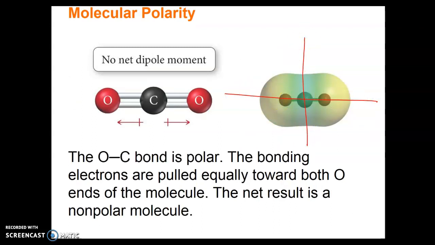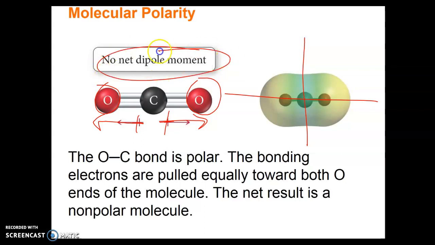If I draw my X and Y, they're all symmetrical. But on top of that, if I'm really trying to figure out, okay, the electrons are being pulled away from the carbon on both sides, it's like some sort of huge tug of war, and the oxygens are perfectly equal strength, and the carbon's the rope right in the middle, and it's creating this linear shape, which makes it no net dipole moment, which coincides with something nonpolar.